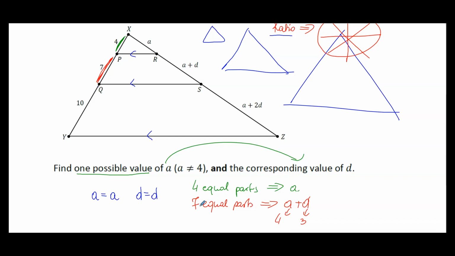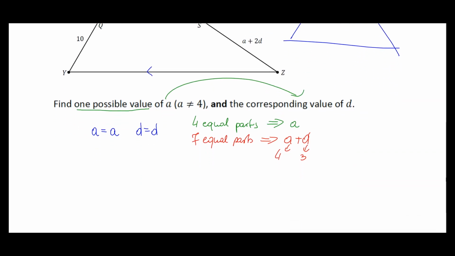Now, for the next part, you can pick any number that represents an equal part. You just cannot pick 4 because they are saying pick a different number than 4. So let's do the number 2. Since we cannot use 1, we cannot say that if 1 equal part is 1, therefore a will be 4, and we are told a cannot be 4.